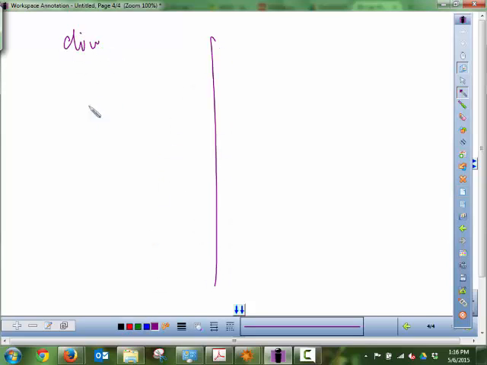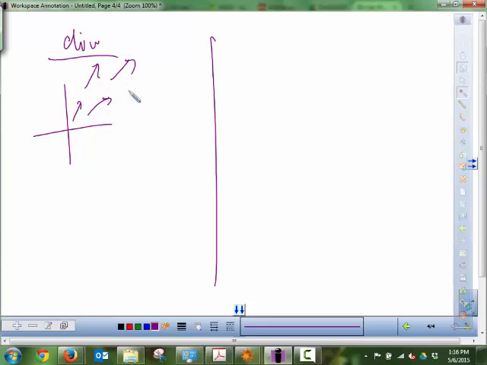So the div takes an object, follows a path, and then measures the divergence, or measures the increase in size or decrease in size as you move along the particular path.